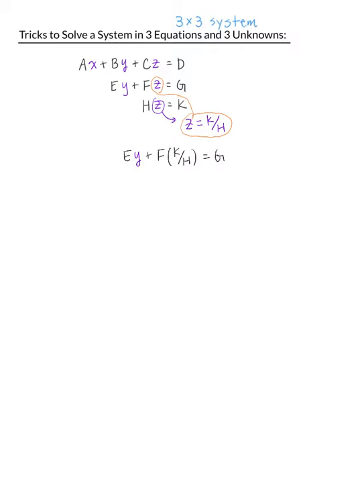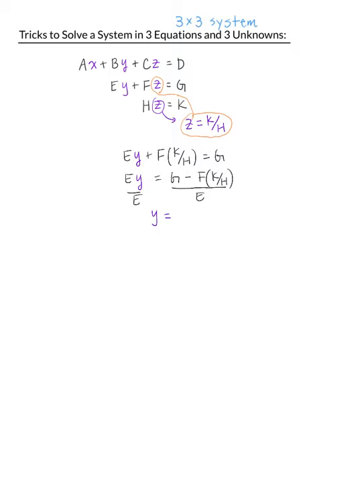I know it looks super nasty, but just bear with me. So ey is going to equal g minus f times k over h, whatever that number is. Now, if I divide by e, then we can solve for y equals this nasty expression.